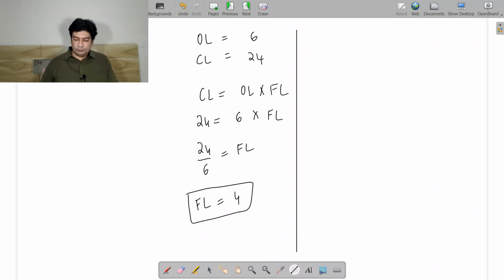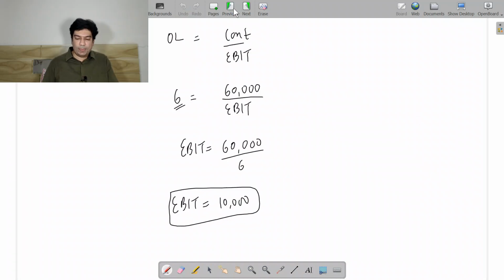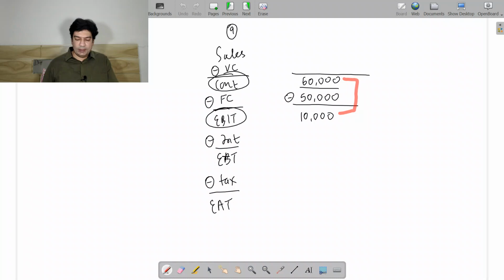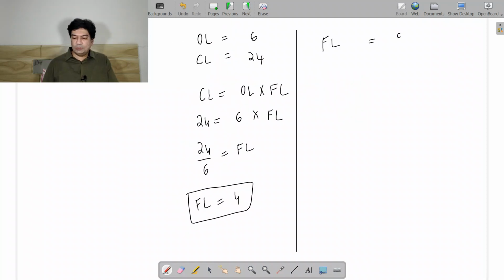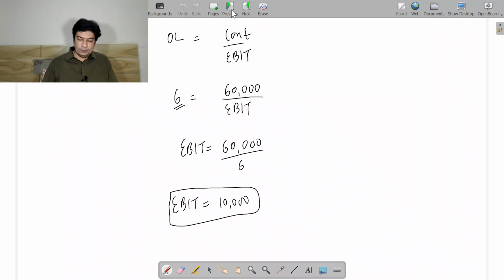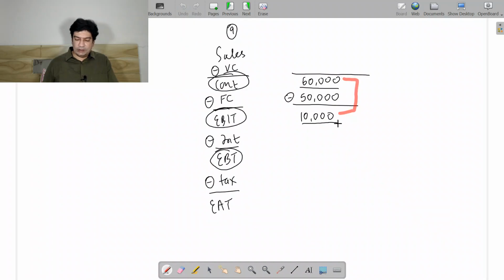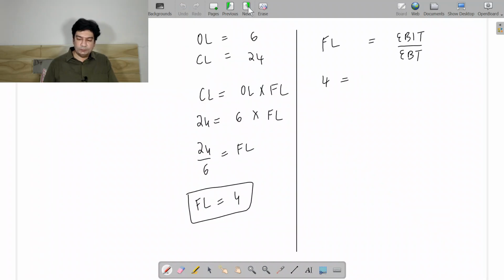Now for financial leverage, there is a formula and that is EBIT divided by EBT. So EBIT divided by EBT gives financial leverage, which is 4. I have EBIT, which is 10,000, so I have to find the EBT.